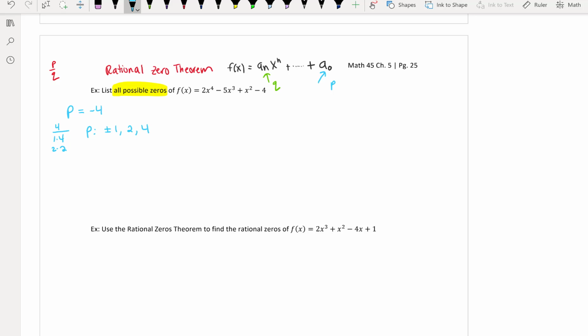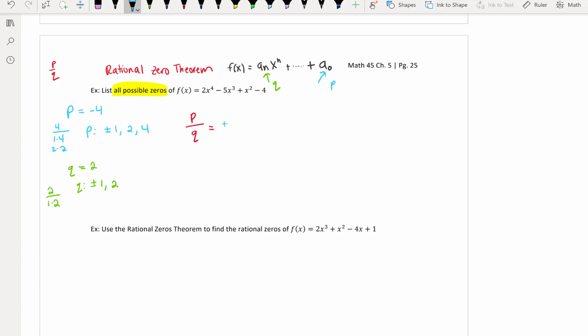So now let's deal with the q. So for q, we know in this case it's equal to 2. So the only factors of 2 are 1 and 2. So that's going to be plus or minus 1, plus or minus 2. So now what we do is we take all the possibilities of p and we divide them by q.